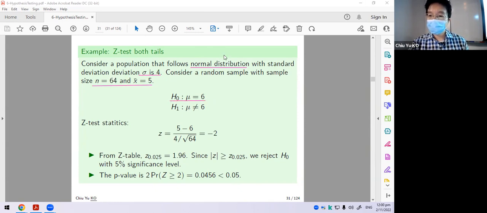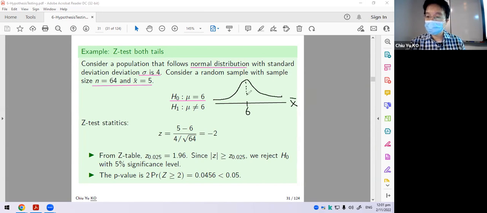So the first thing you do is see what kind of test you're doing. We have x bar here, and under the null, 6 is in the center, which is what you expect. I think I've drawn this so many times.